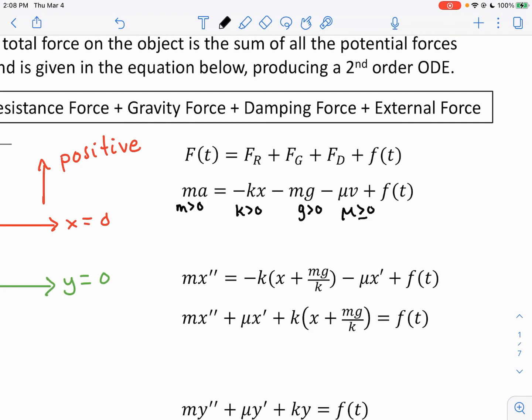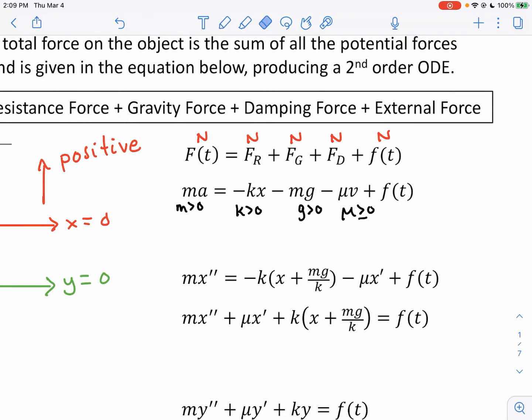Now the units on all of these things. Every single one of these components needs to have a unit of a force unit. And in the metric system, we're only going to work in the metric system here, the unit is newtons. So all of these have a newtons unit. Now mass has a unit of kilogram, and acceleration has a unit of meters per second squared.